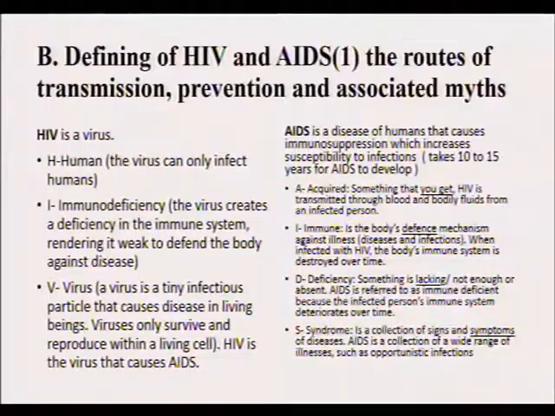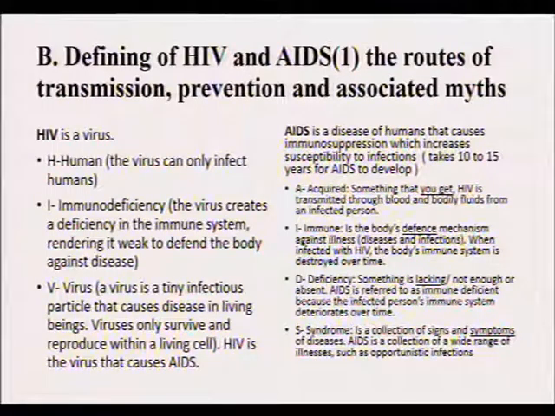The other aspect which is also very important is the definition of AIDS. What is AIDS? AIDS stands for Acquired Immune Deficiency Syndrome. Syndrome means it's a set of symptoms. So AIDS is something that you acquired. You acquire the disease through infection, and then your defense system or your immune system is being attacked.